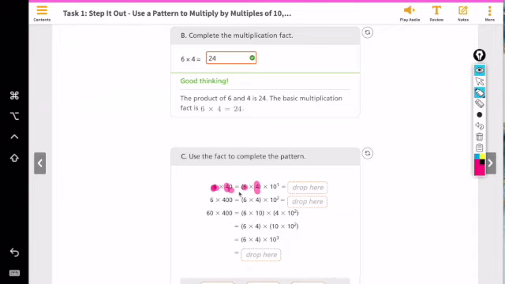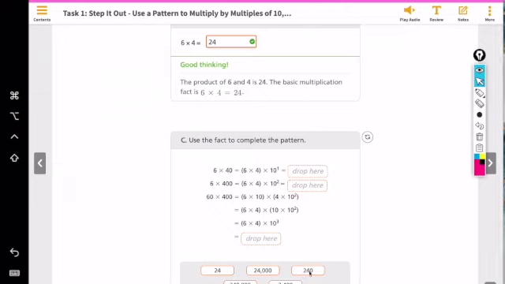So what does that equal? Let's think about that. 6 times 4 is what? 24. So we know for sure 24 is going to be part of the answer, and then we're going to have 1 zero after that. Do you guys agree with me? Because there's one 10 here, so we're going to have 1 zero. So I'm going to click and drag my 24 plus 1 zero up there.